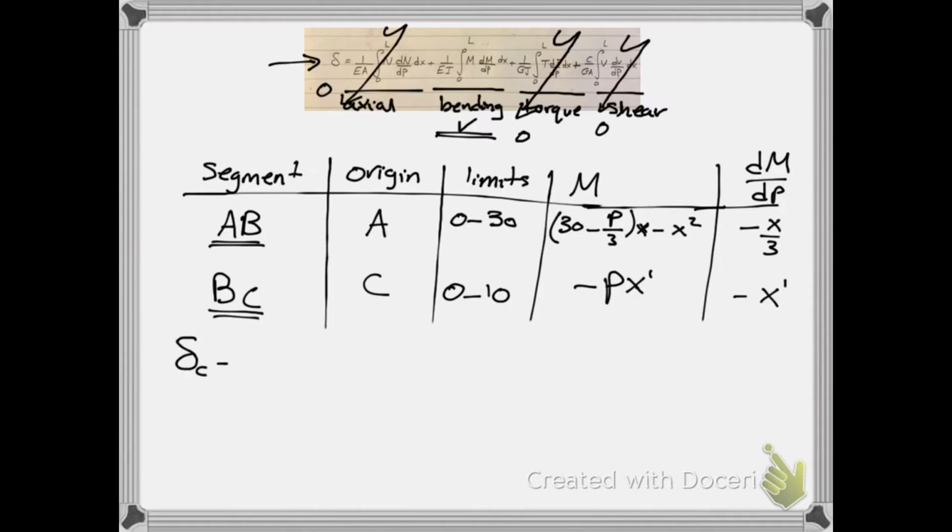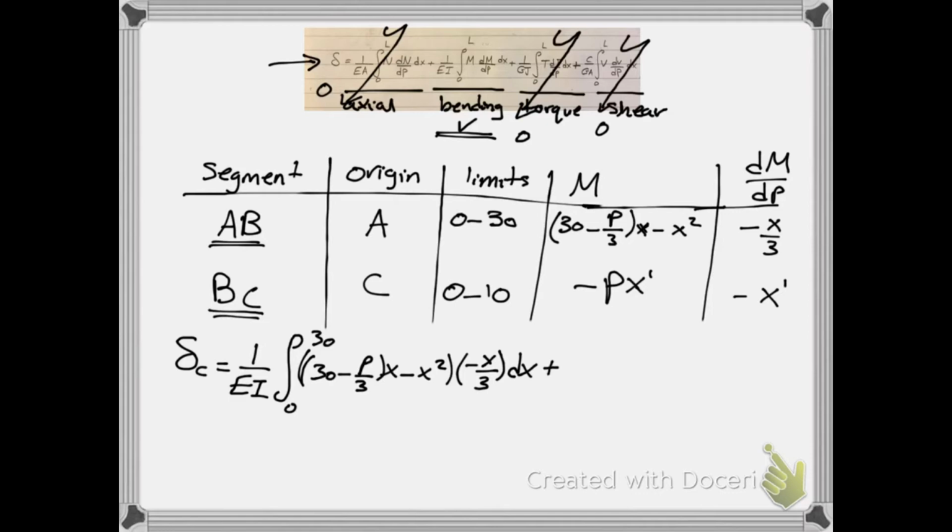Deflection at point C is going to be equal to 1 over EI, the integral from 0 to 30, M1, which is (30 minus P over 3) x minus x squared, times dM over dP, which is negative x over 3 dx. And this is for segment AB.